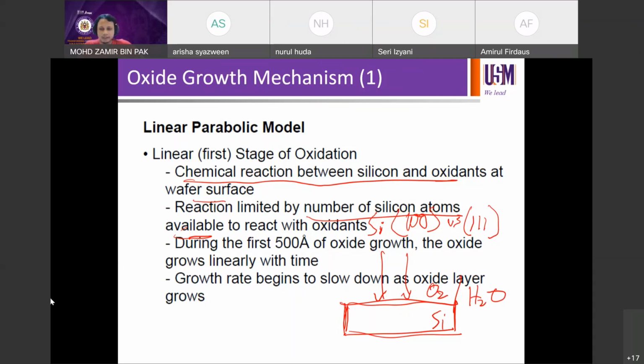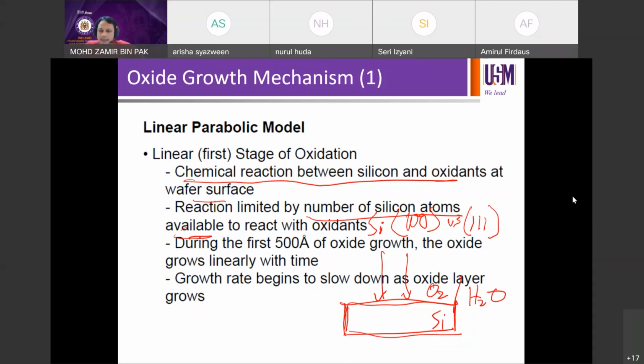As we learned in 386. Remember last time we talked about 100 versus 111 when we discussed about carrier mobility, carrier transport, the mu E, mu H, and so which one is denser? Ifa 100, okay. Others? How about Kali?